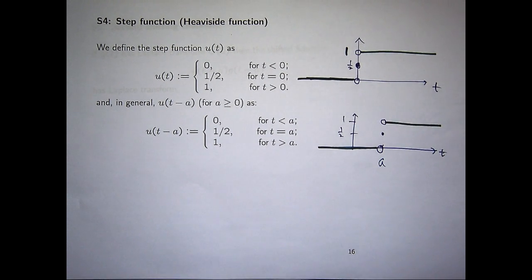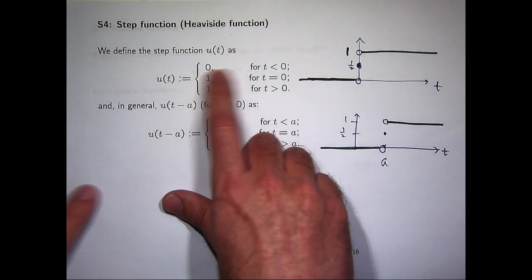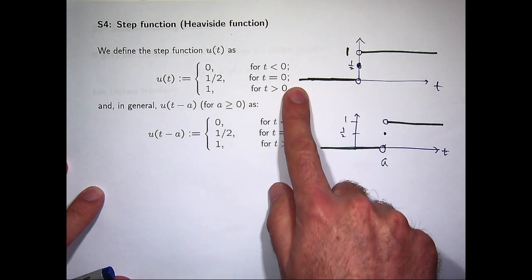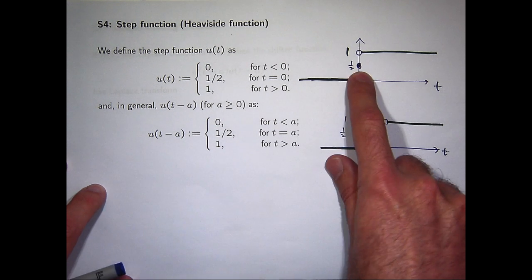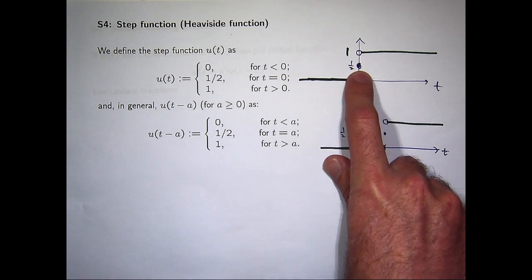Okay, so just to refresh our memory, the Heaviside step function, also called the unit step function, is something like this. It's 0 to the left of the jump point, it's 1 to the right of the jump point, and at the jump point, it's sort of half the jump, so it's 1/2.